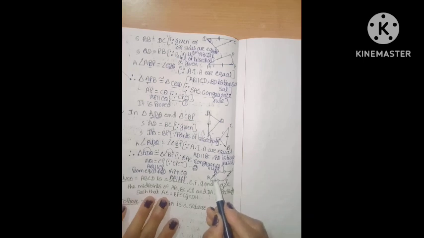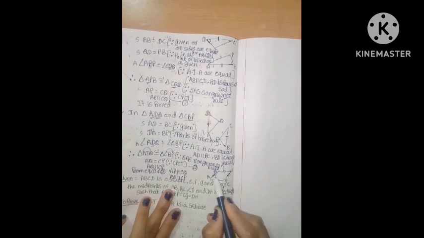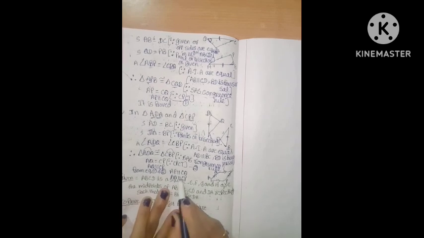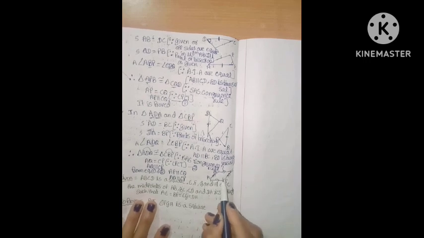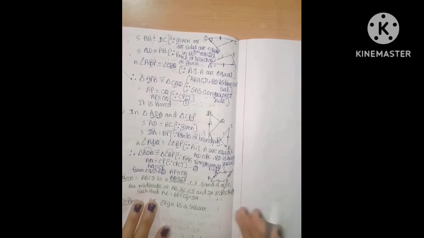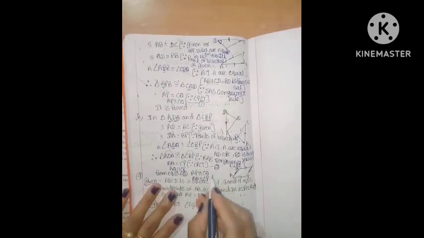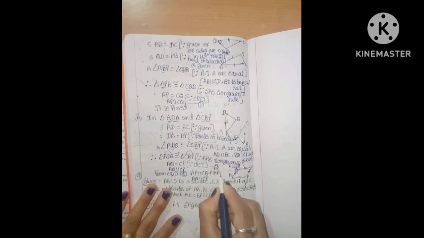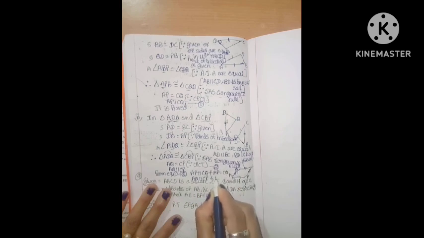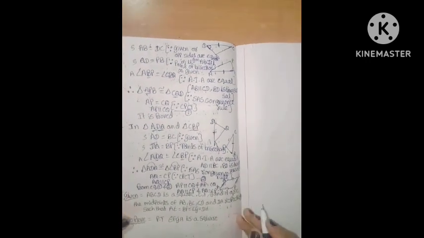In this quadrilateral, both pairs of opposite sides are equal. So what is the quadrilateral called? Is it a parallelogram? Yes. AQCP is also a parallelogram. Are you clear?